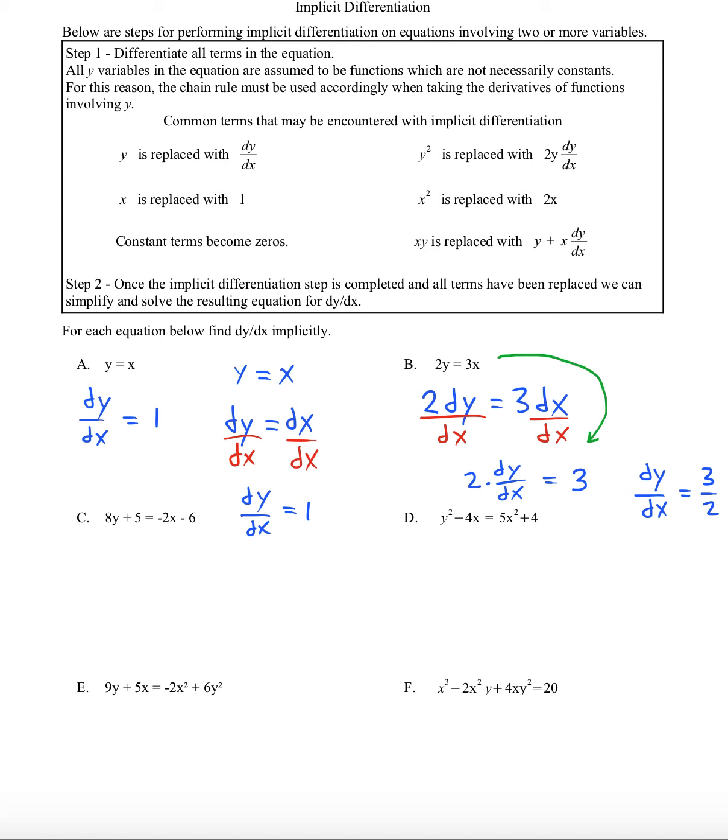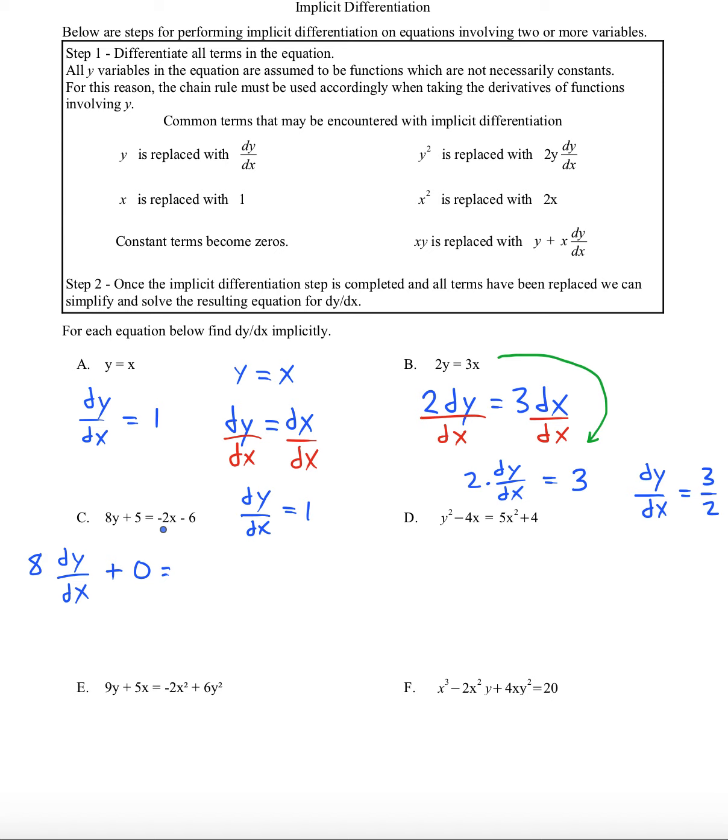The next one's got more terms. In this problem, I'm going to use the guide above to replace the different terms with what it says they should be replaced with in implicit differentiation. So 8y will actually become 8 times dy over dx. The derivative of a constant, though, is just 0.